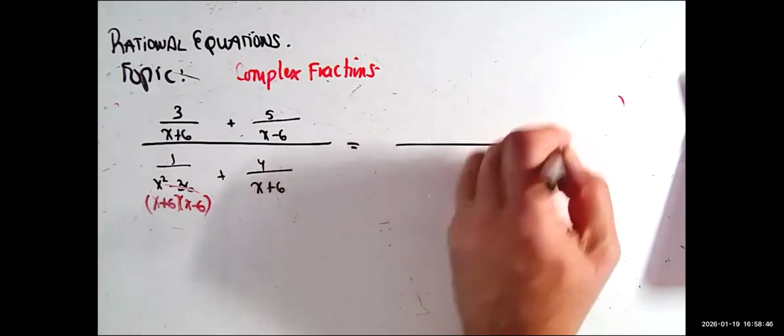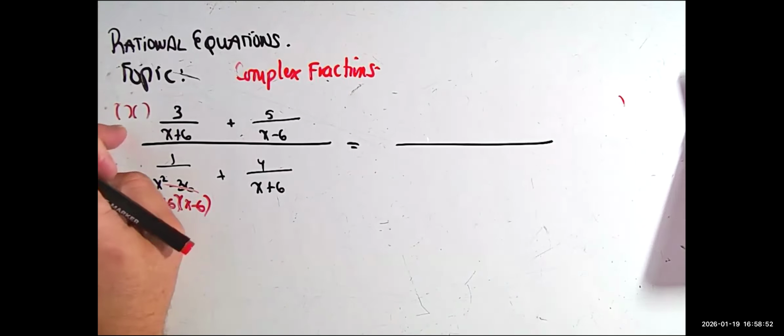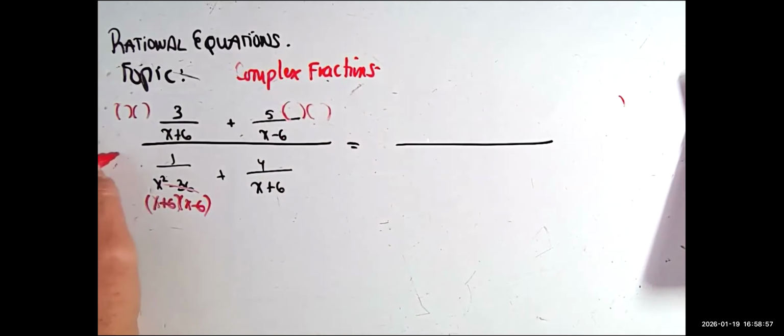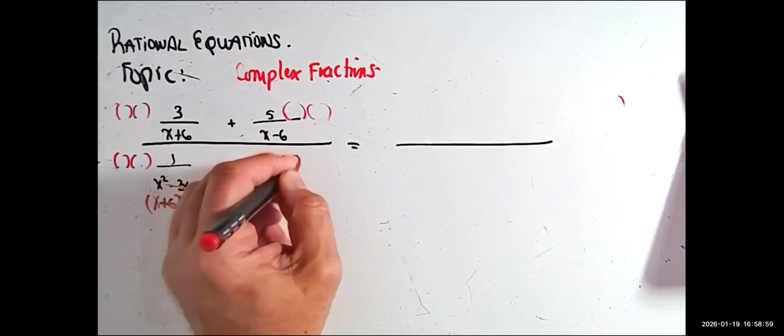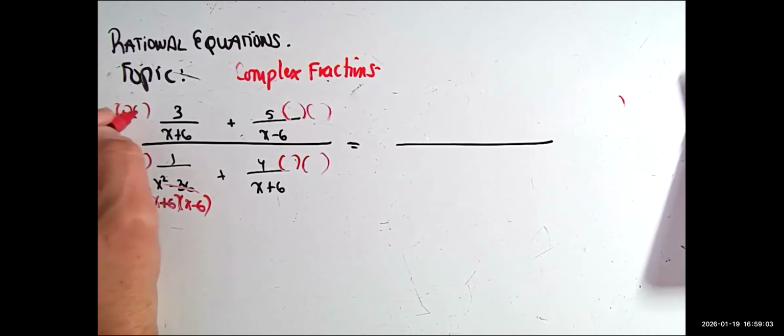So let's see what we have. Remember, we are multiplying each term by x plus 6 times x minus 6. So plus, minus. So x plus 6, bye-bye.